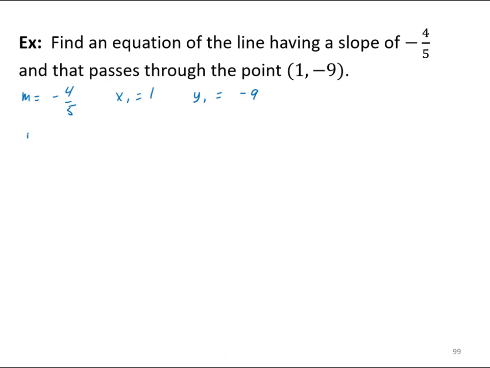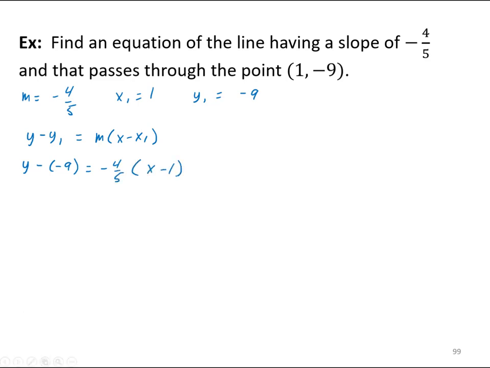Now from there we're going to write y minus y1 equals m times (x minus x1). Now we want to get this in the form y equals mx plus b at the end. That's our slope-intercept form. Replacing these values, we have y minus a negative 9 equals m, that's negative 4/5, times (x minus 1).